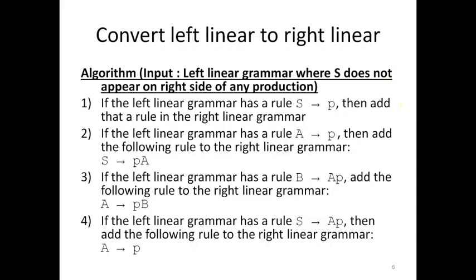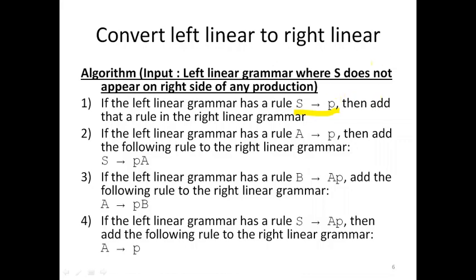Okay. So for the start symbol, if you have a production like S giving small p, where p is a string of terminals, what you do is you add those productions to the grammar in right linear form. So those productions are copied as such.